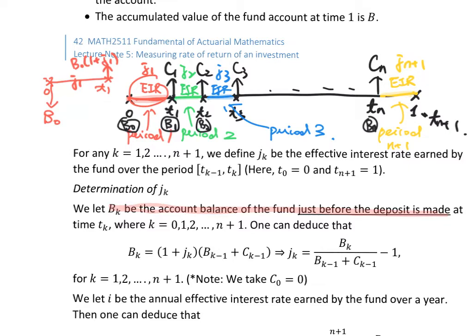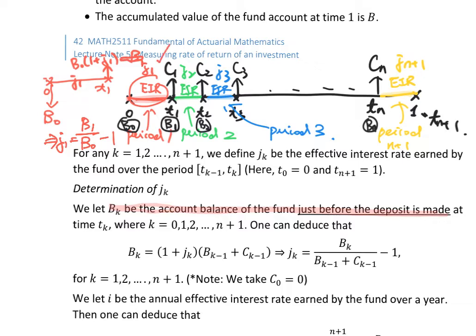For each $1 you deposit, you get 1 plus J1. This amount will be equal to B1. So you get the equation for J1, assuming that you know all the account balances: J1 will be equal to B1 over B0 minus 1, isn't it?